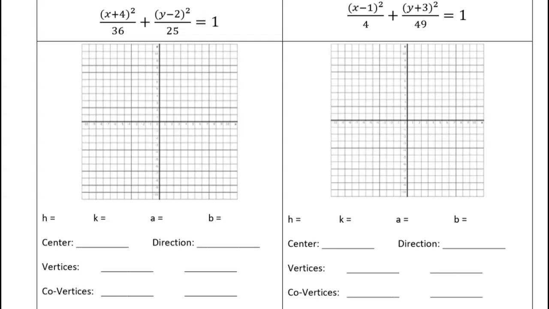Yes, good, Jack. You look at the number after the x, and remember, it's opposite from that number. So instead of saying that h is a positive 4, h is actually negative 4.